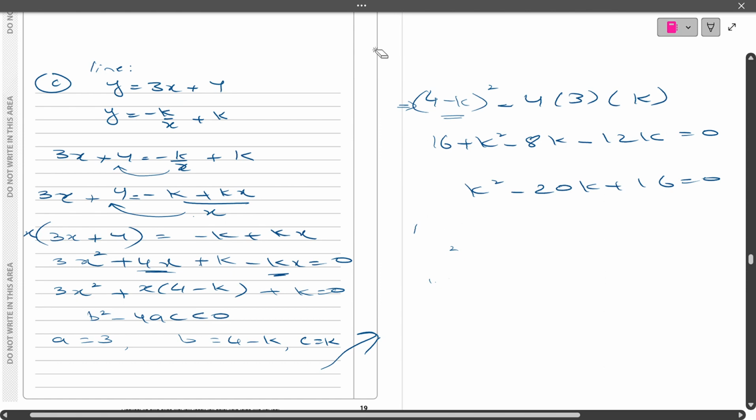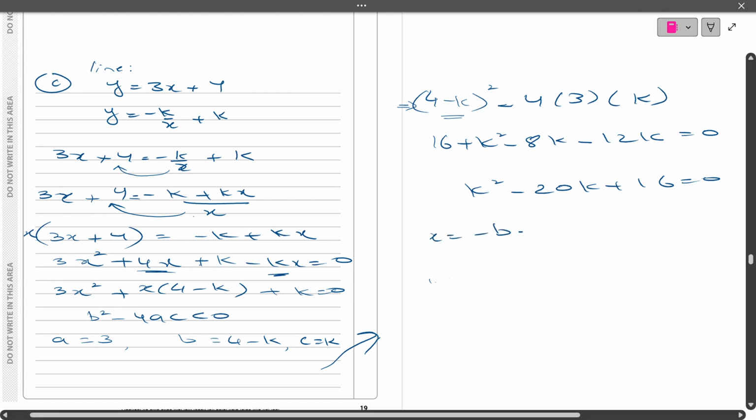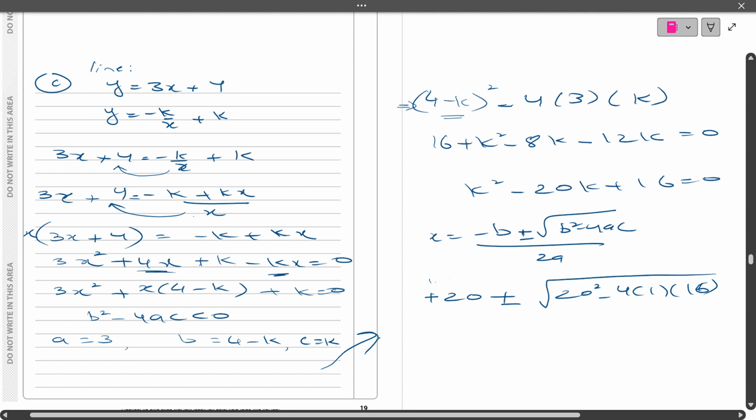Okay, let's use the quadratic formula. The quadratic formula is minus b plus minus square root of b squared minus 4ac over 2a. So negative b is negative 20, so negative 20 will be positive 20, plus minus 20 squared minus 4 into 1 into 16, over 2 times 1.